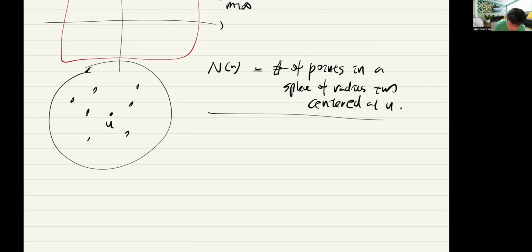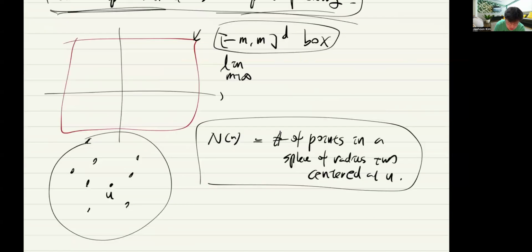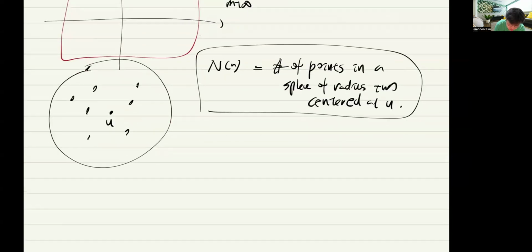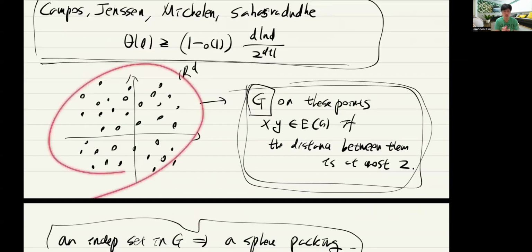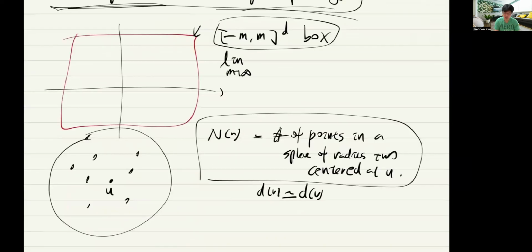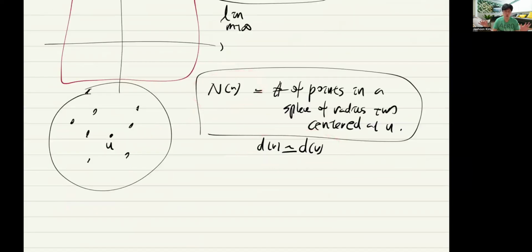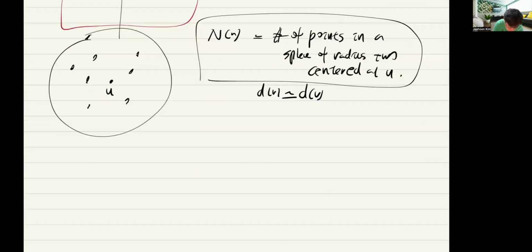And you can show that this number is very concentrated, meaning that the degree of u and the degree of v are very similar, because we randomly scatter them. You can compute that with high probability the degrees are all similar. So this is almost regular.